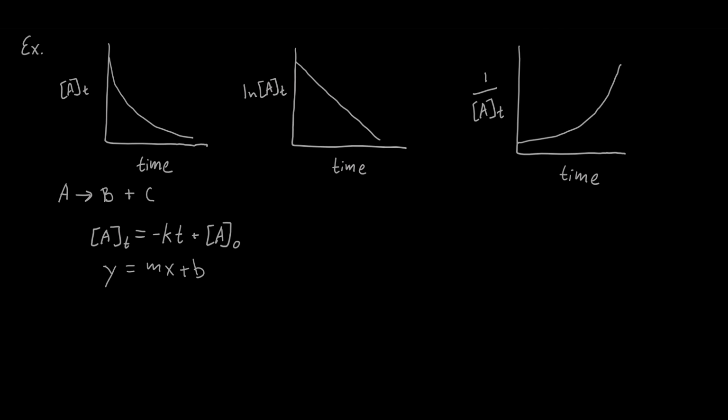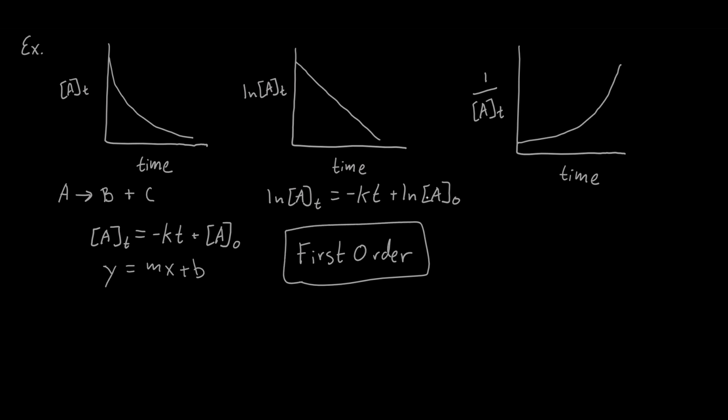Now for the second graph, we have the natural log of A on our y-axis, and so that matches our first order reaction integrated rate law. And here we notice that the graph is linear, so it matches our y equals mx plus b format. So from that we can conclude that this is first order with respect to our reactant A.